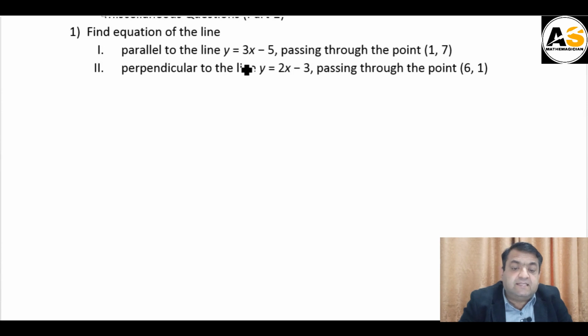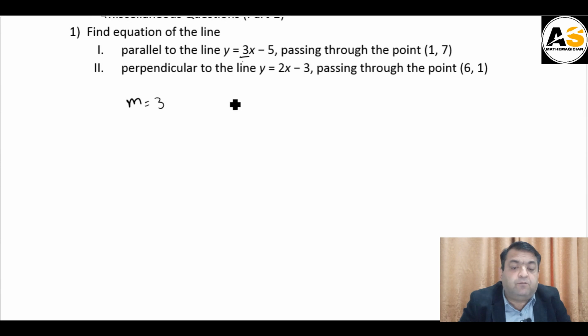Note that this is the given line and its gradient is 3. As you know, in gradient intercept form, the coefficient of x is the gradient. So gradient is 3 for the given line, which is also the gradient for the line parallel to it.